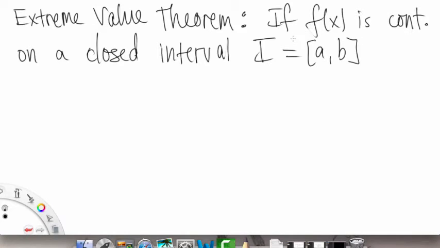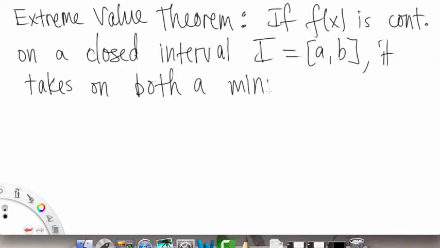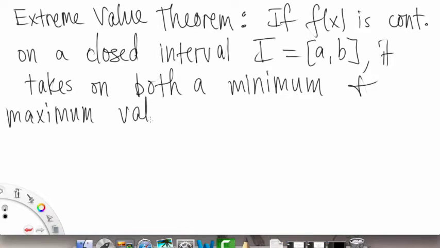And that's a closed interval, so that means including endpoints. So we're going to say the theorem says it takes on both a minimum and maximum value on the interval I. So on I.